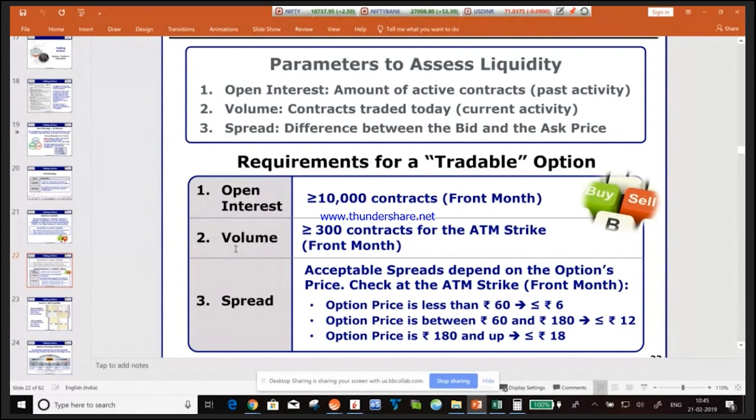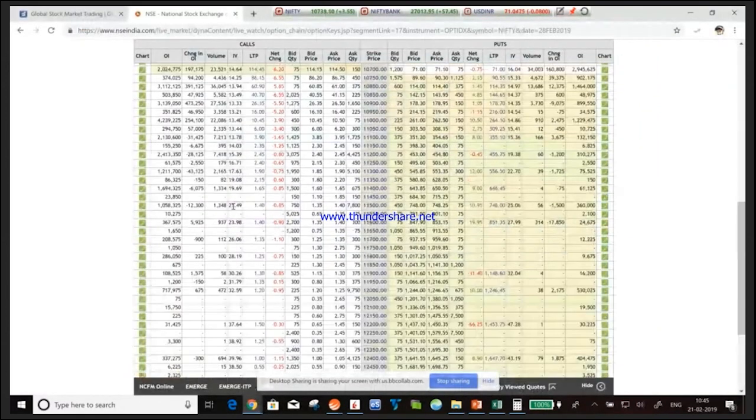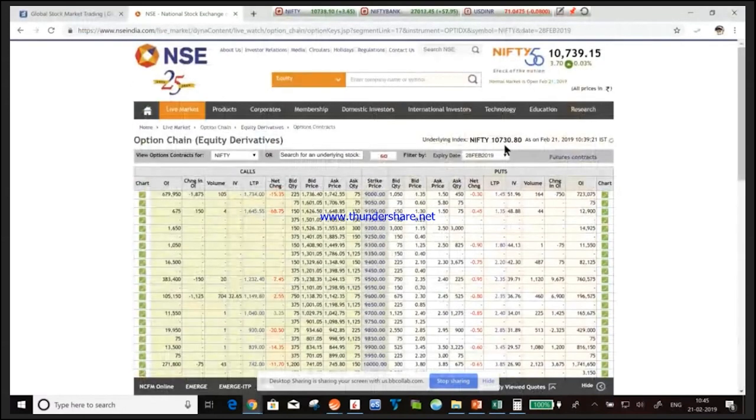Okay. Now the second criteria is the volume. The volume should be greater than or equal to 300 contracts for the at the money strike for the front month. So when we go back to the open interest, now Nifty is trading at 10,730.